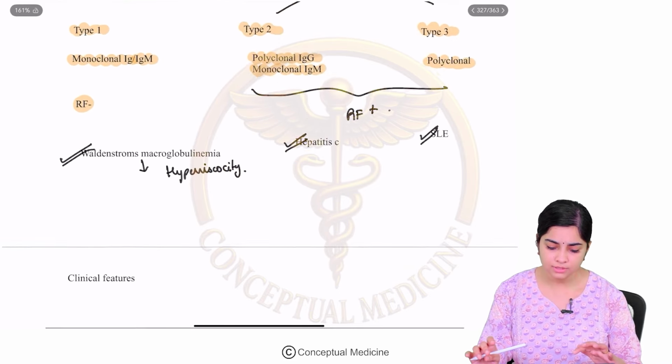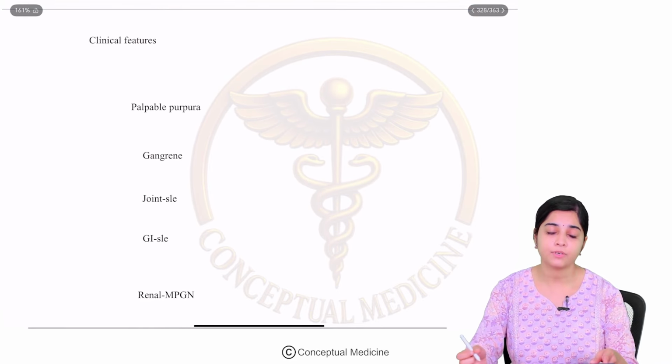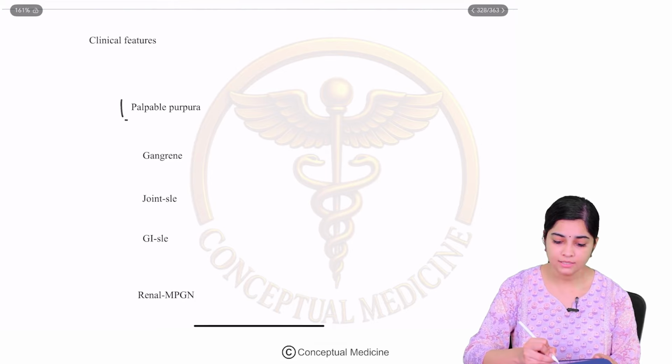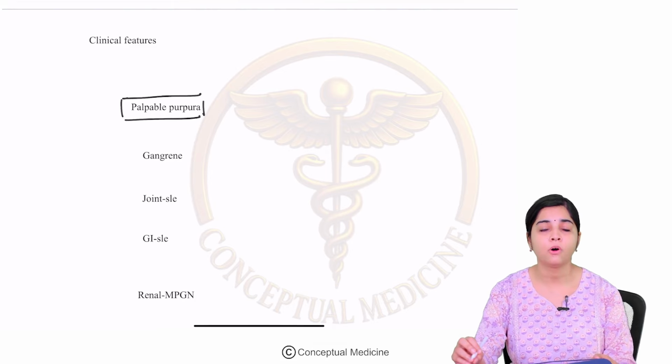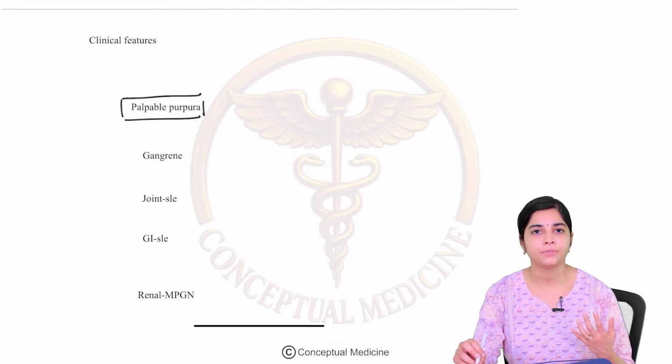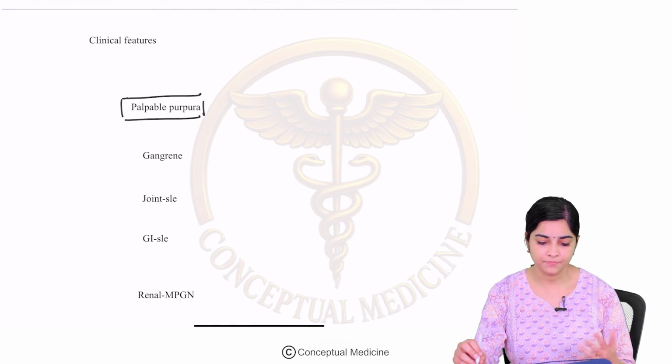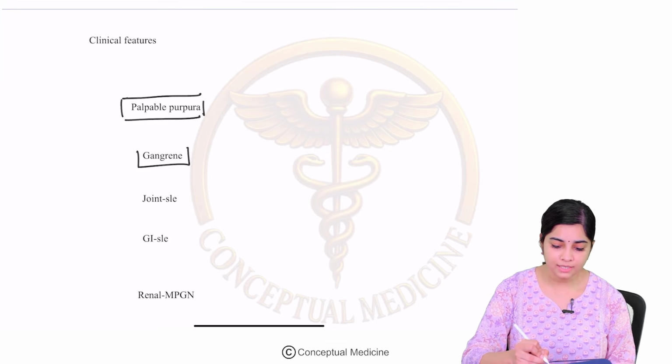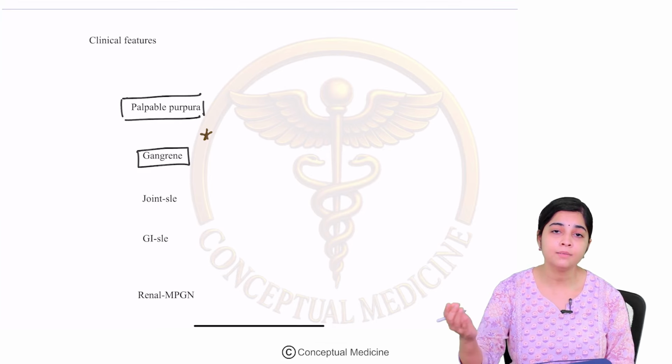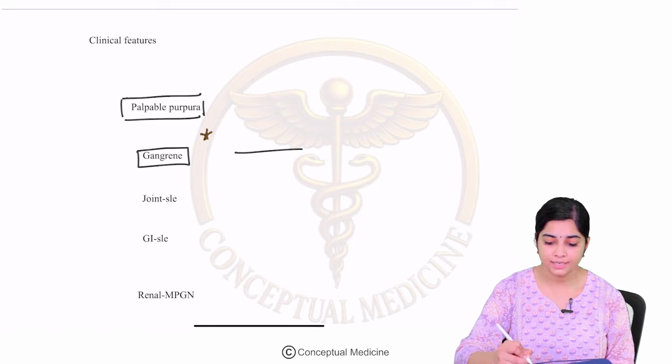Okay, so how do these present? Predominantly because it's a small vessel vasculitis, they are going to present in the form of palpable purpura. Purpura are basically small bleeding spots on your skin. Cryoglobulins can also involve the medium vessels to a certain extent and hence can result in gangrene.